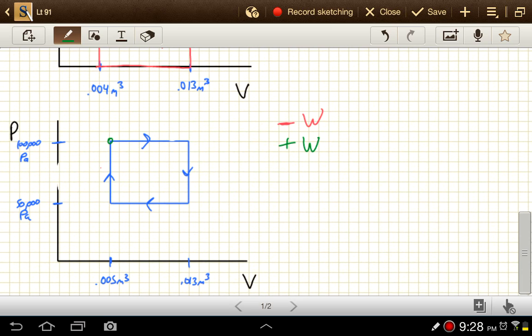Okay, so let's start right here. And then we'll go around this cycle one complete time and figure out how much work the gas does, or how much work is done on the gas for one complete cycle. So we do the area underneath the curve for this section first. So that'd be this whole area underneath the curve.